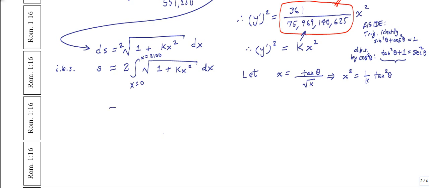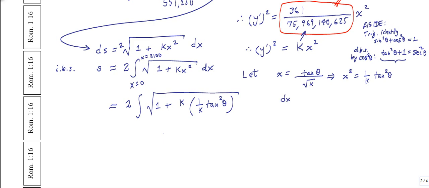So I'm going to say this is equal to 2 times the integral of the square root of 1 plus k times 1 over k times tangent squared theta. And one thing that we didn't do over here is we need to find out what dx is.